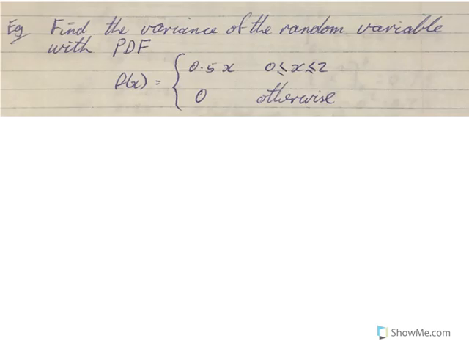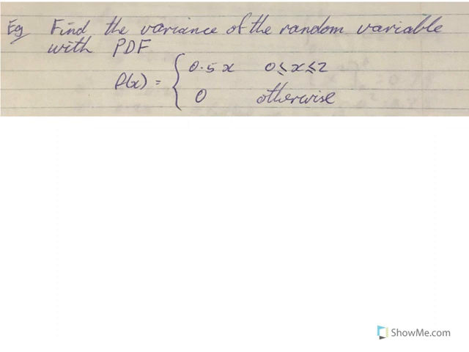Here it says, find the variance of the random variable with PDF, probability density function, f(x) equal to 0.5x, when x is greater than or equal to 0 and less than or equal to 2, and for every other x value it's equal to 0.